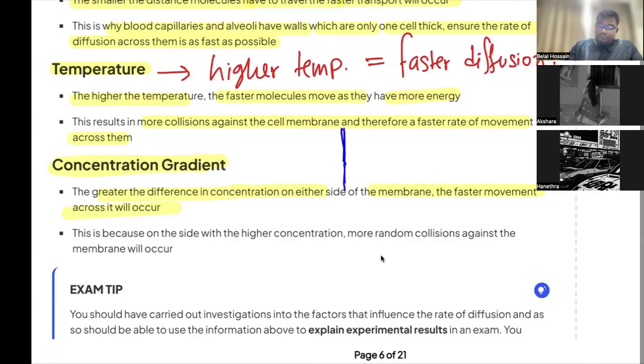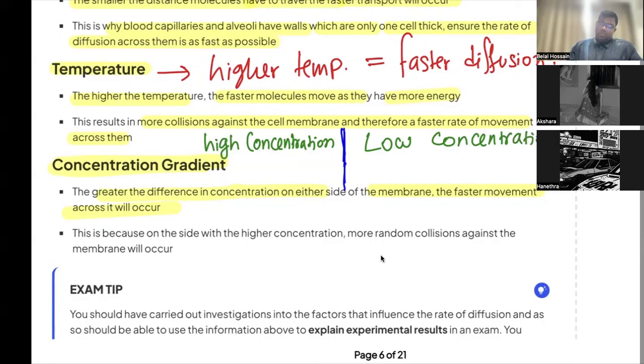High concentration means there are more particles, and a region with low concentration means fewer particles.